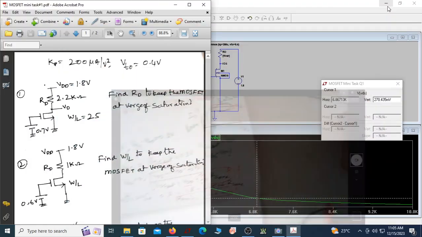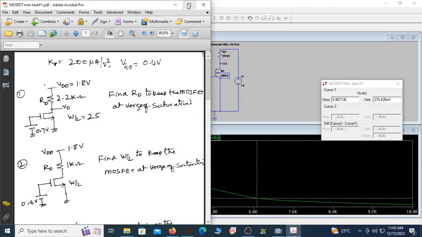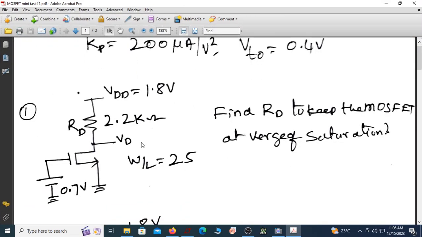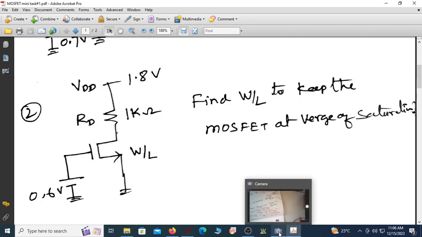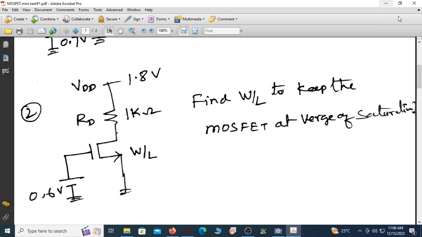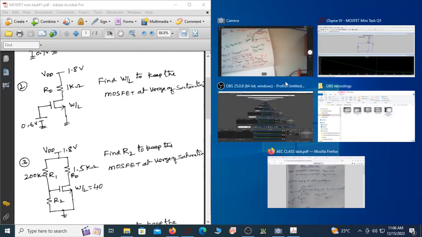Now we will see the next problem. It is a similar type of problem. In this problem you are asked to find the value of W by L to keep this MOSFET at verge of saturation. Let me copy the problem here.